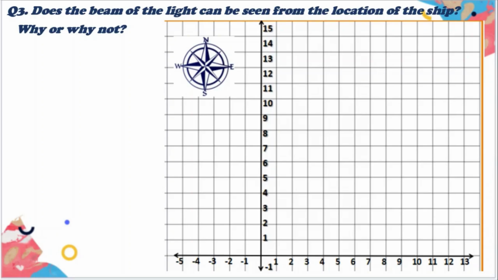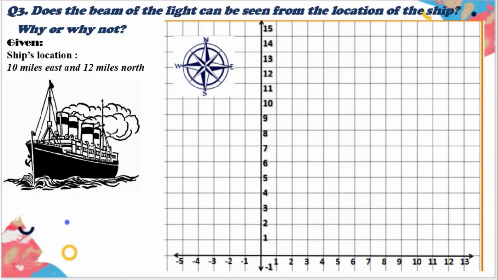So we need to plot our coordinate, which is, according to the problem, the ship is located at 10 miles east and 12 miles north. So meaning our x here is 10 and our y is 12.